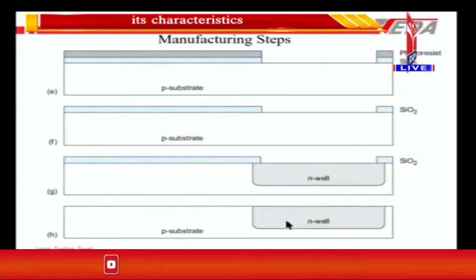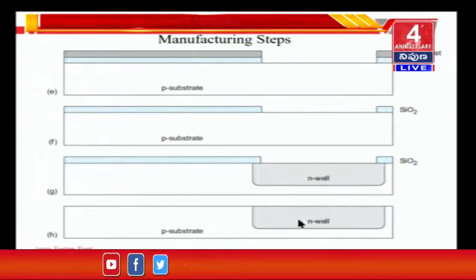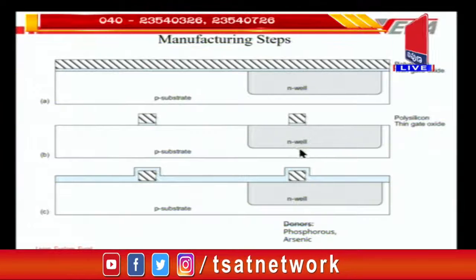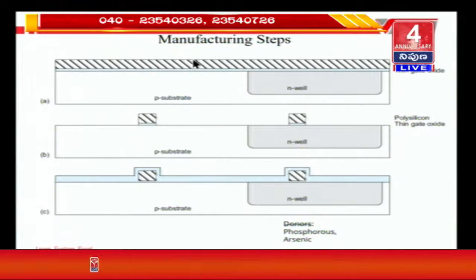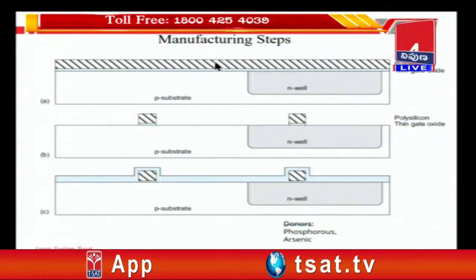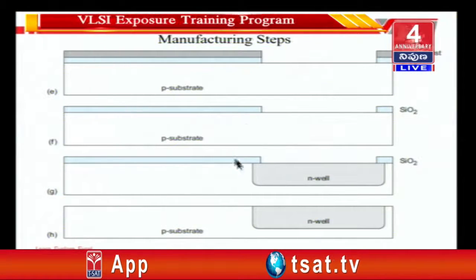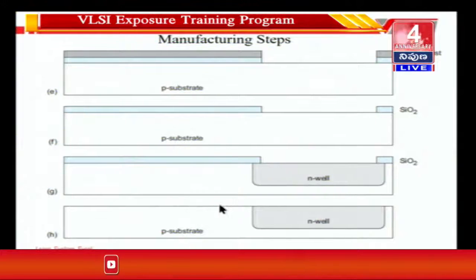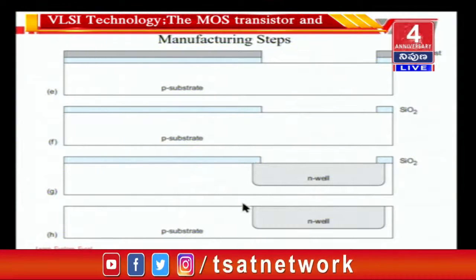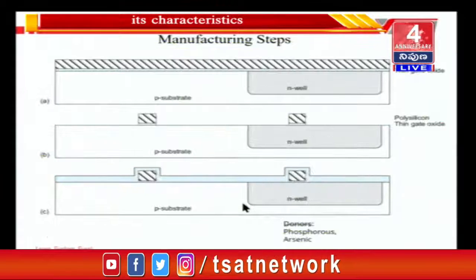So this substrate with the N-well is now ready to receive and make P transistors, so polysilicon is deposited on top of this gate oxide, which was prevalent in the earlier slide. Again, a thin layer of gate oxide is put over here.